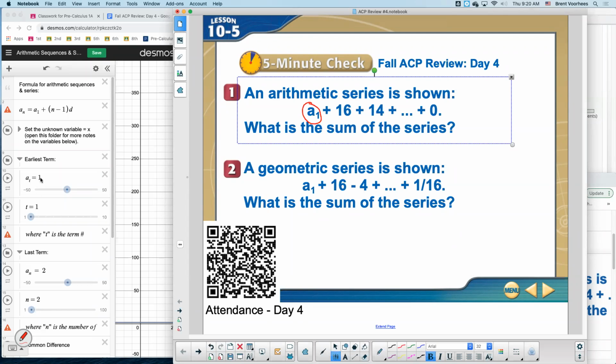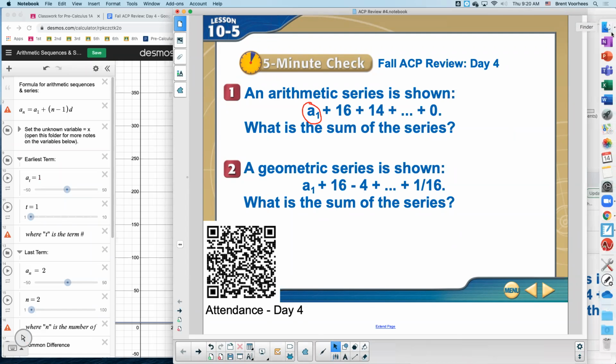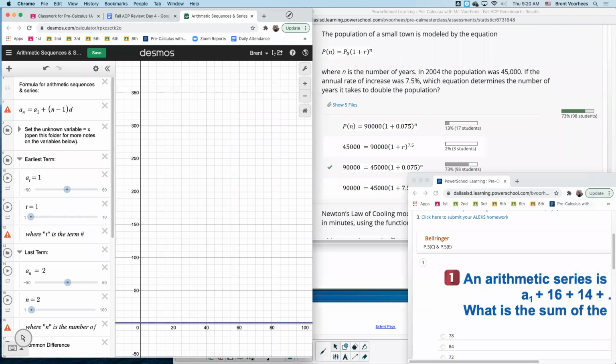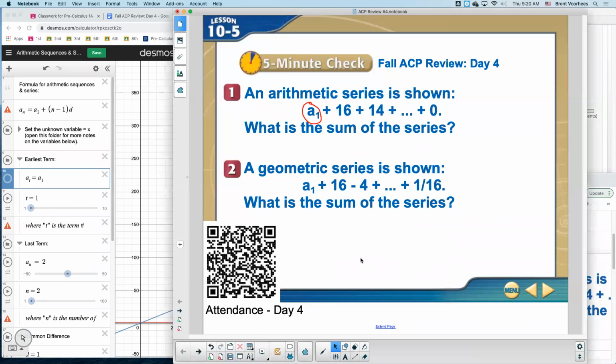Would it do me any good to put A1 over here? Would it do me any good to put A1 right there, you think? No. Okay, so that's actually not going to be the earliest term we use. So even though A1 is shown, we're not going to say that's the earliest term. What's the earliest term given?